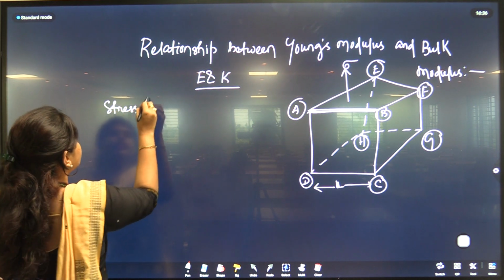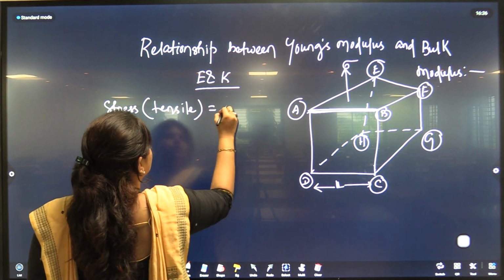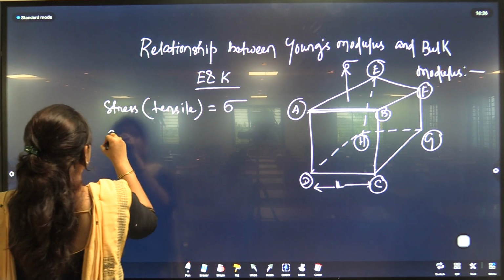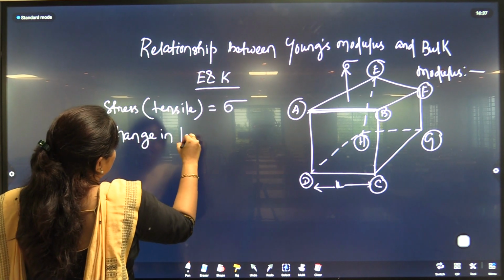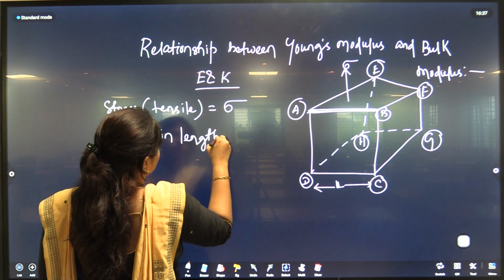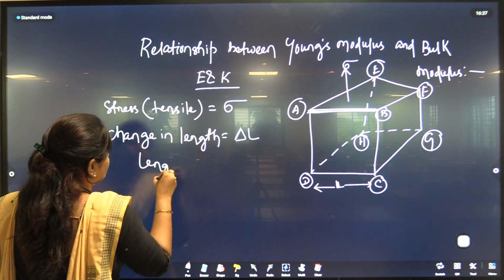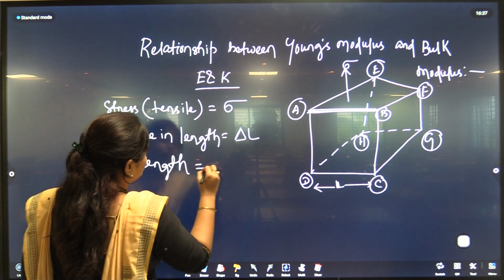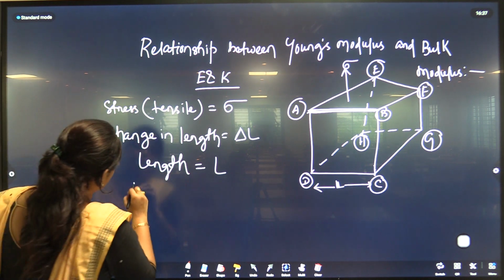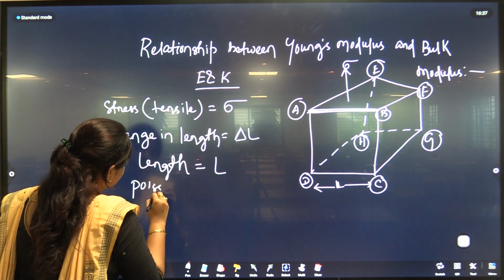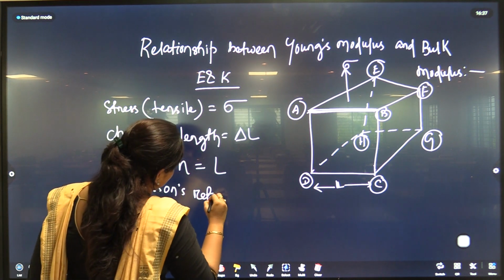The stress applied here will be sigma, the length will be L, and the stress is tensile in nature. The change in length is del L, and Poisson's ratio is denoted by mu.